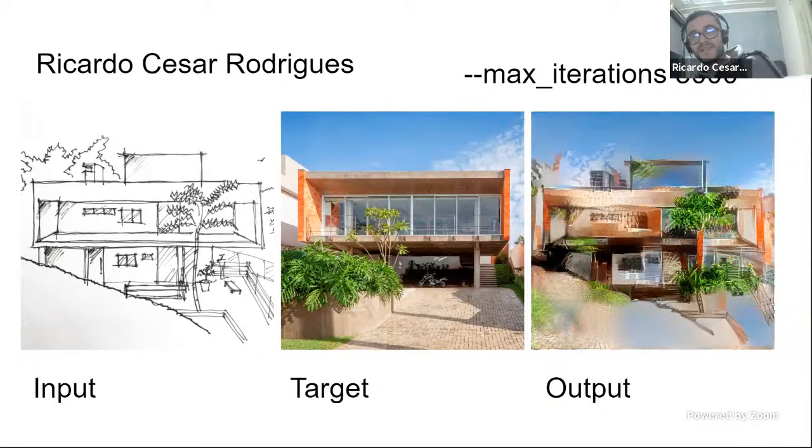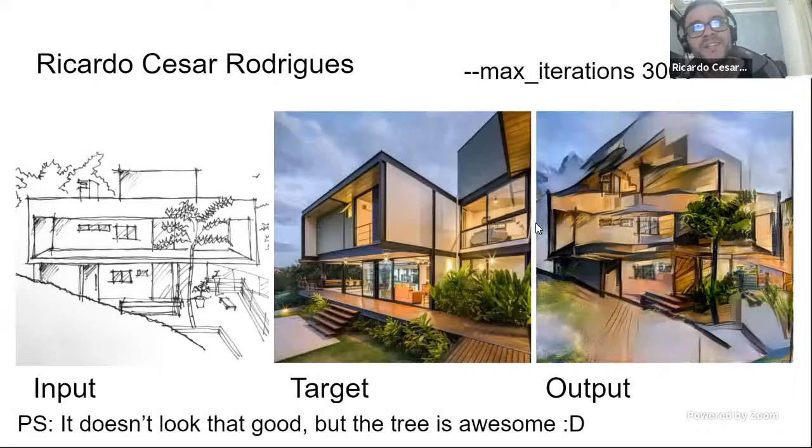Because if we see the next experiment, it doesn't seem that good. But it's kind of interesting because you see the tree in the target image or the style image, we don't have any trees. We have some bushes there, but the algorithm could figure out that there is a tree there, and I wrote there it's not that good, but the tree is awesome.